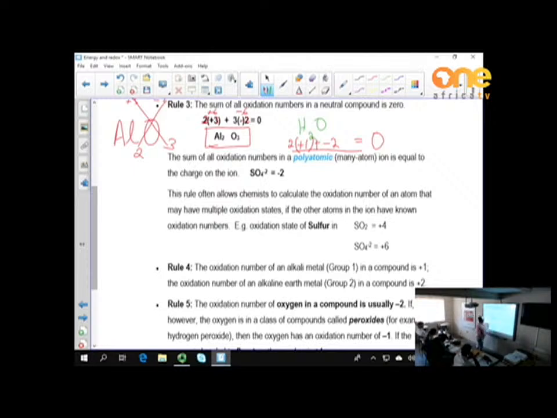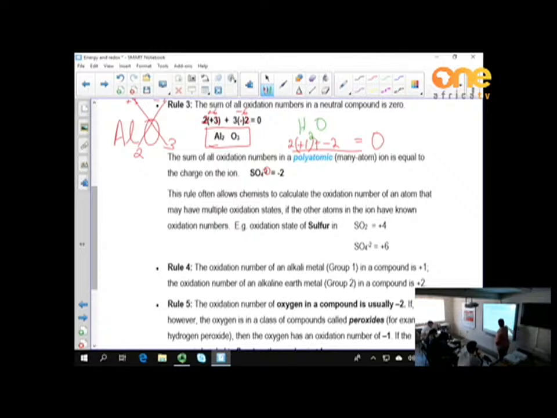Here I've got the sulfate ion as an example. The sum of the oxidation states must now equal -2, because I have an ion, it's not a neutral compound. I have a resulting charge.